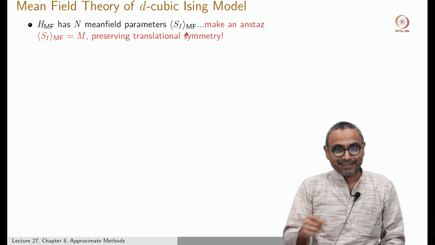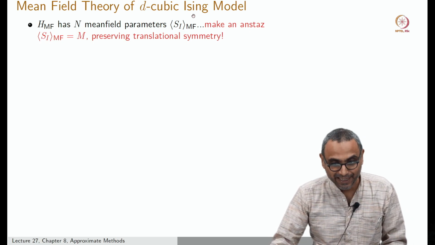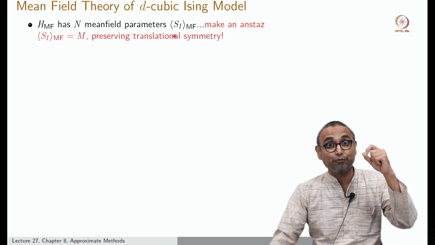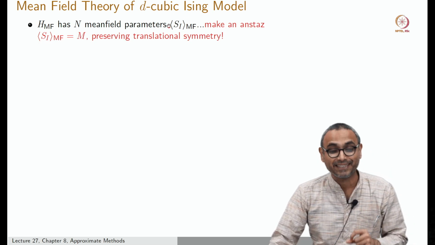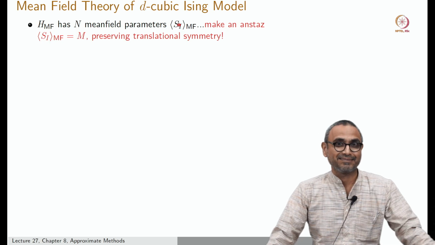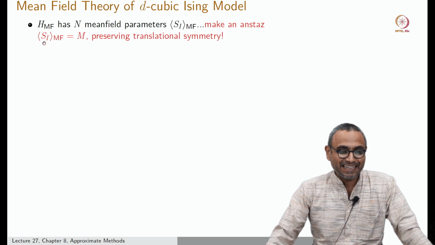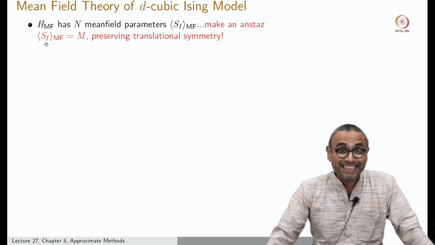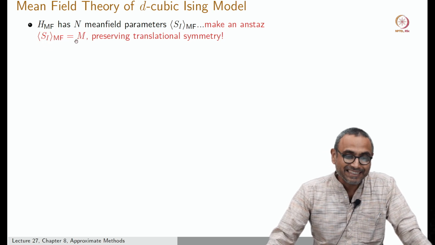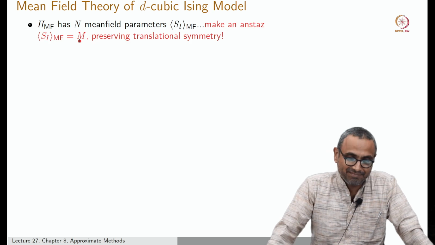So when I do that, I have to enforce translational symmetry on these mean fields, which will force every one of these terms to be equal. So I am going to make an ansatz which says that the expectation value of Si is independent of i and is equal to some number m.